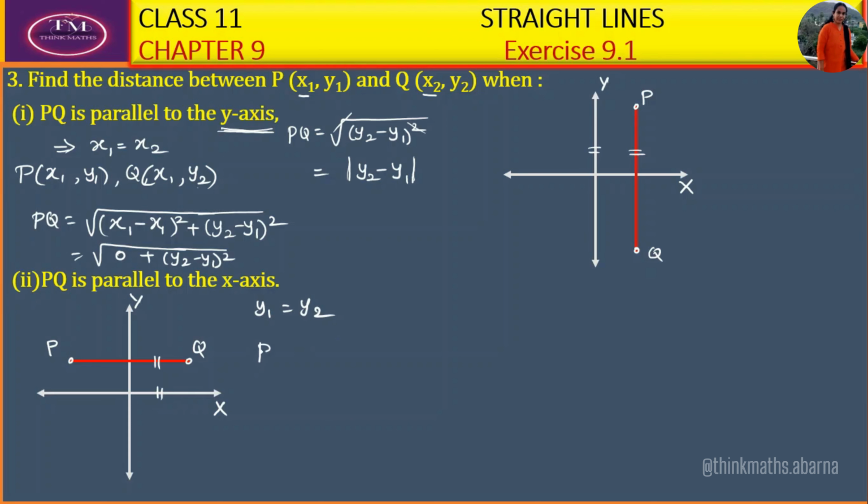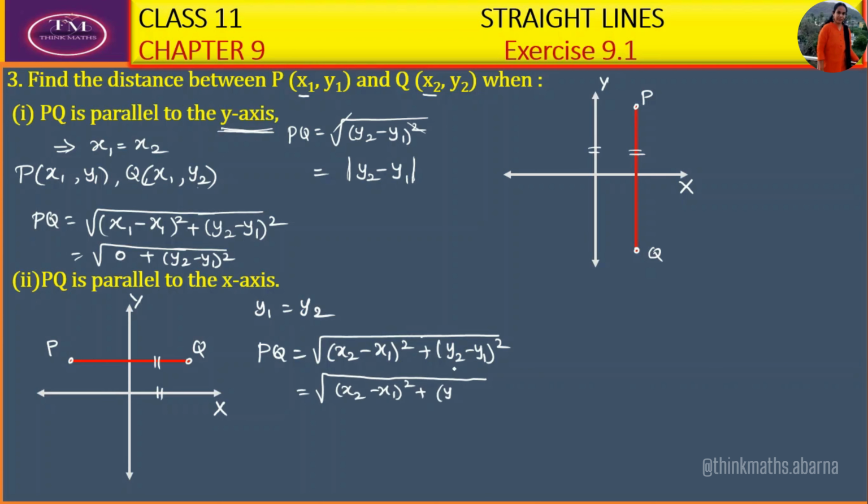The distance between P (x1, y1) and Q (x2, y2) is given by the distance formula: square root of (x2 minus x1) the whole square plus (y2 minus y1) the whole square. In this we have y2 equal to y1, so this term will become 0.